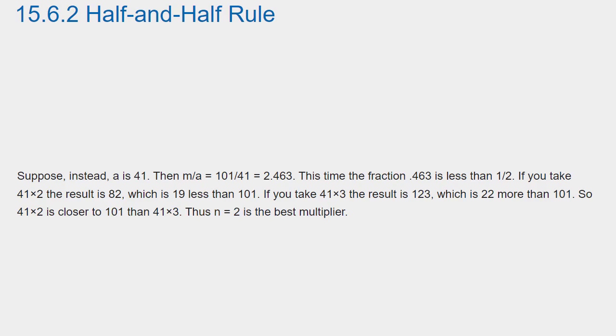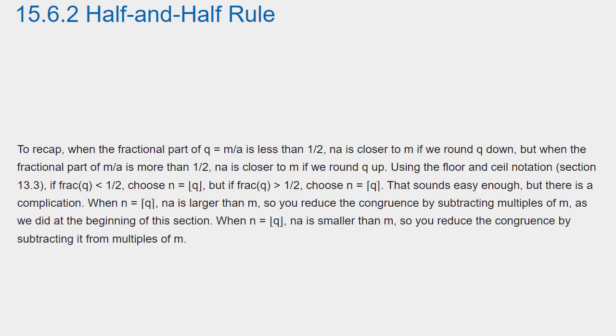So 41 times 2 is closer to 101 than 41 times 3. Thus, n equals 2 is the best multiplier. To recap, when the fractional part of q equals m over a is less than 1/2, na is closer to m if we round q down, but when the fractional part of m over a is more than 1/2, na is closer to m if we round q up.